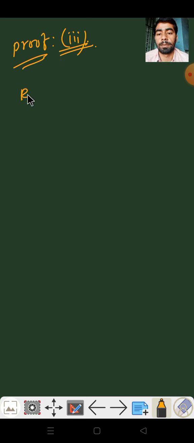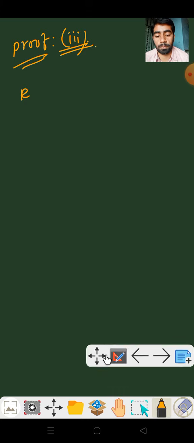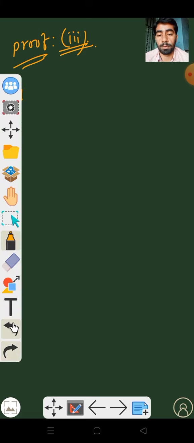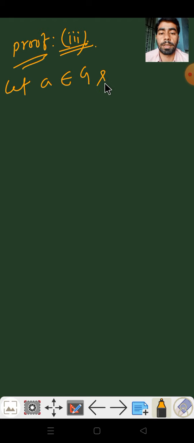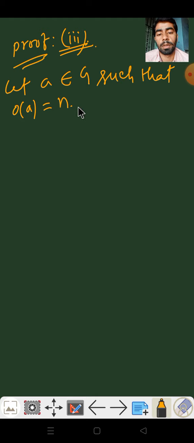Let A be an element belonging to G such that the order of A is n.